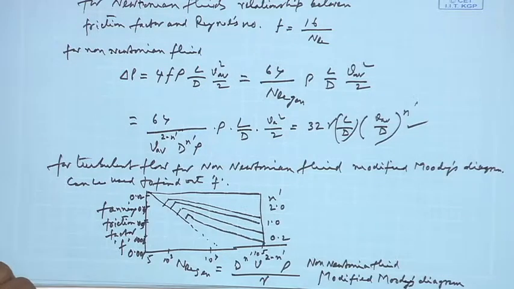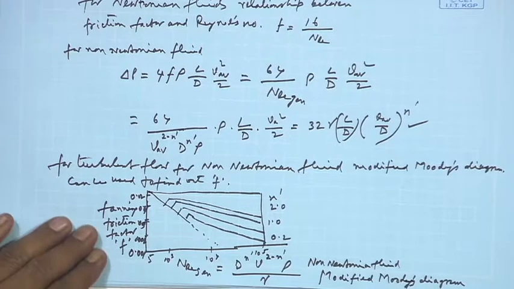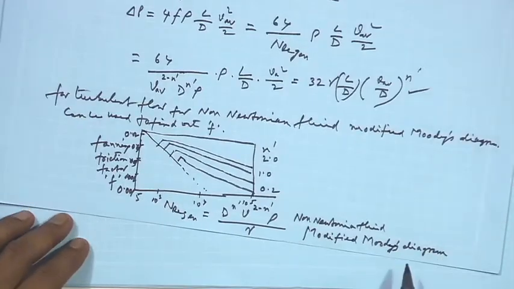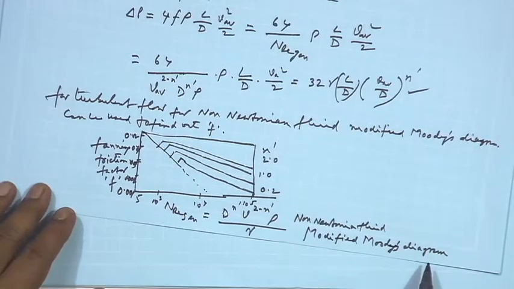So, this is the modified Moody's diagram. Okay. So, hopefully this is not visible. So, it is the modified Moody's diagram, right.